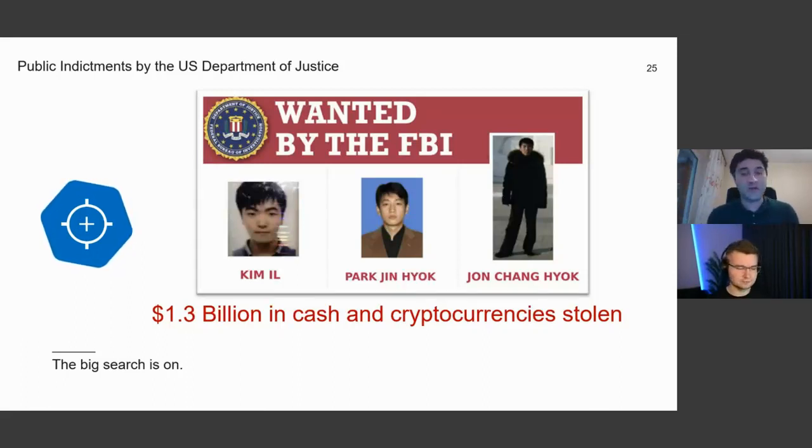We do not know where they are. We do not know whether they might be caught or not. We hope they will be caught. Probably they might not leave the country where they operate from, but the fact is that the U.S. Department of Justice actually has an indictment, and they are searching for the perpetrators.